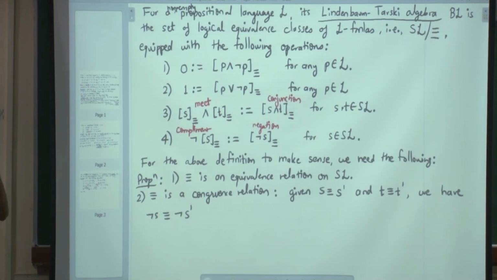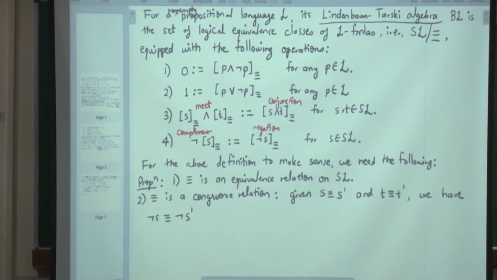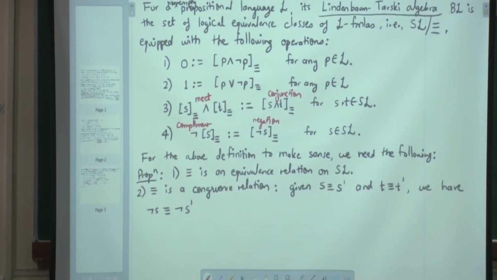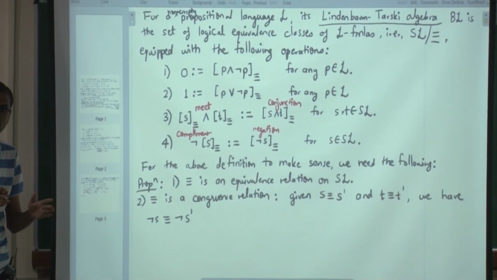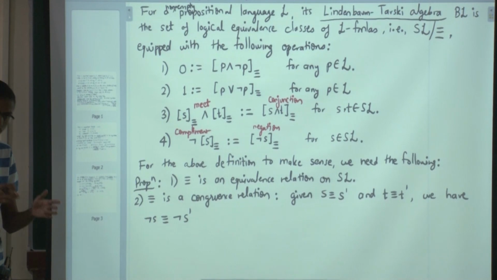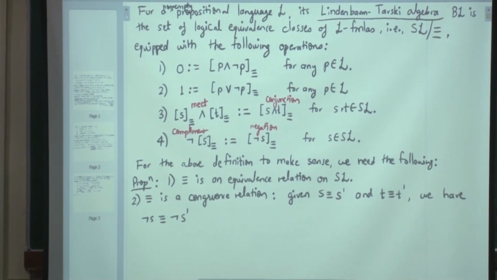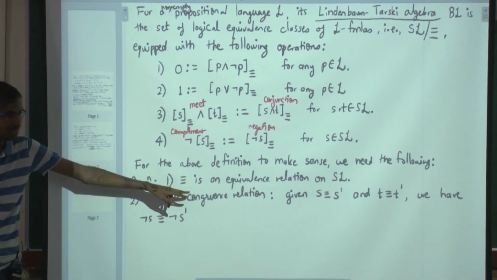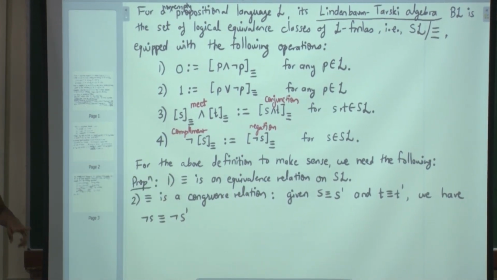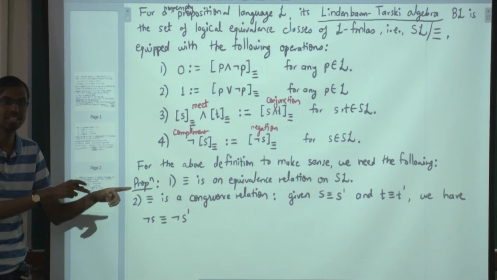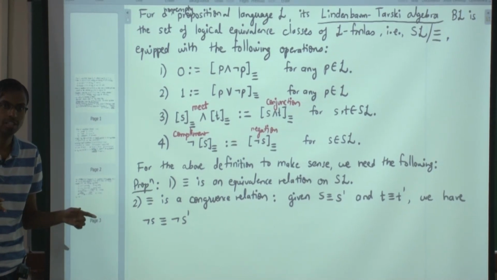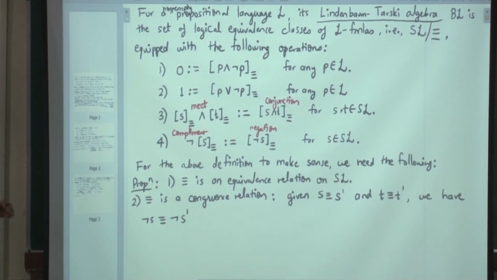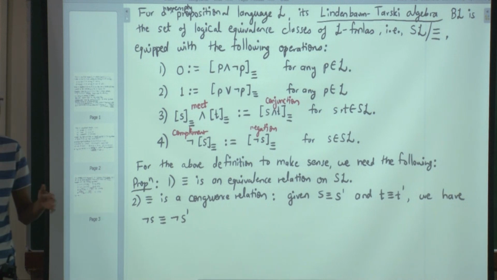Because given a valuation V, V of negation S is true if and only if V of S is false, and V of S is false if and only if V of S prime is false, and V of S prime is false if and only if V of negation S prime is true. So you obtained the necessary connection that V of negation S prime is true if and only if V of negation S is true.